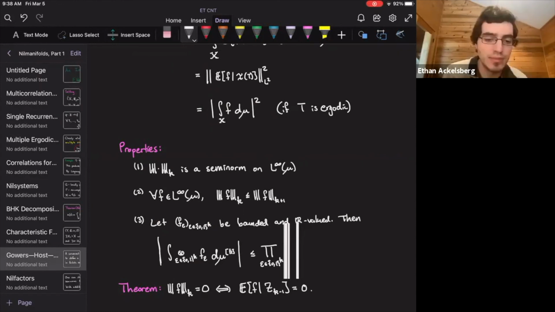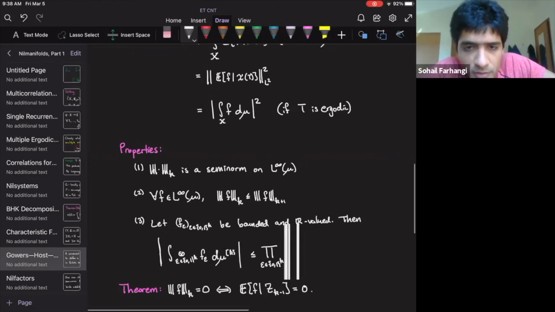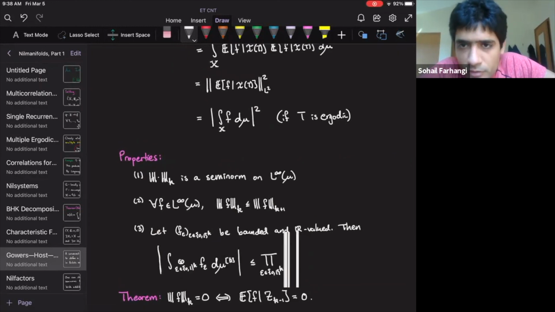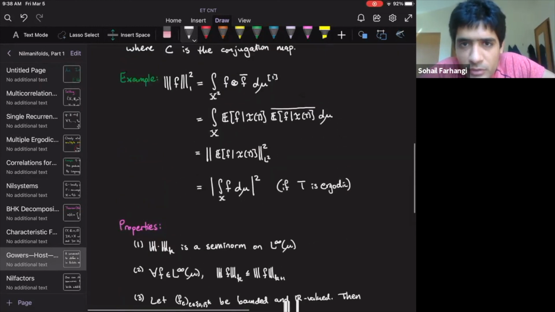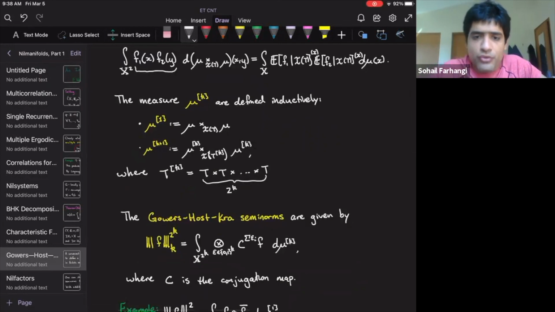Right. And actually, I was just thinking, if you can go back to the formula again, what is the argument of F in the integral? Because F was defined on the original space X, right? But you're taking an integral over X to the 2 to the k.